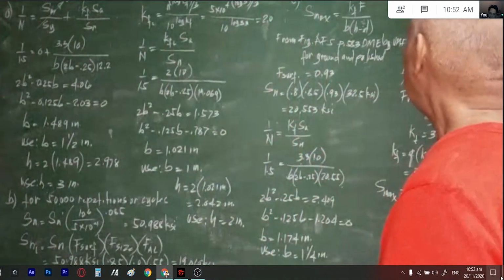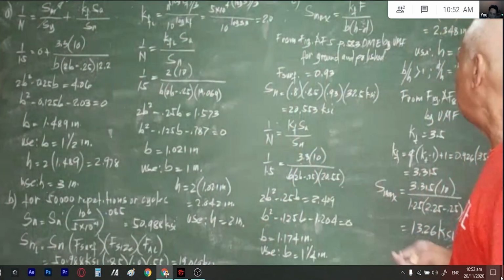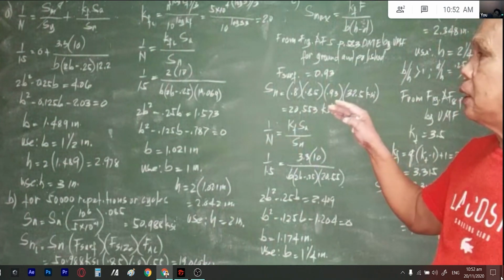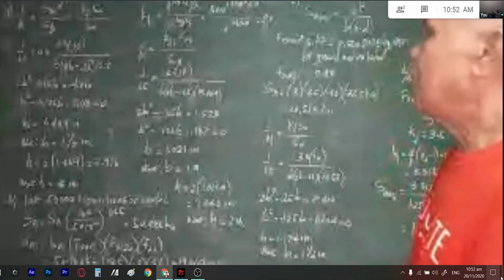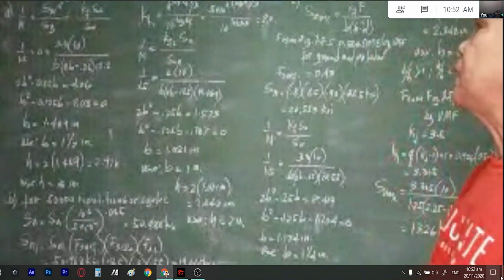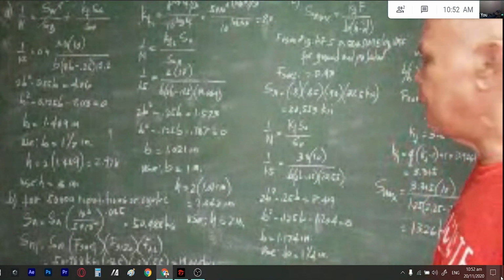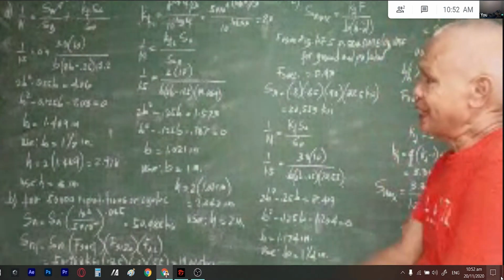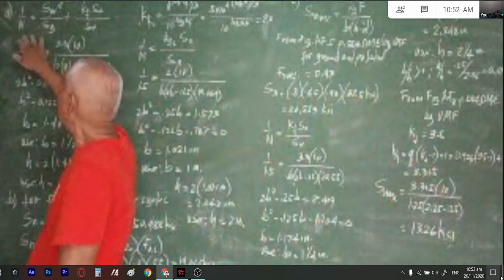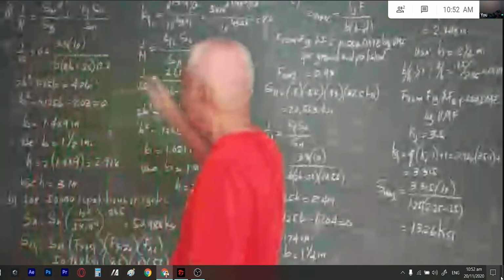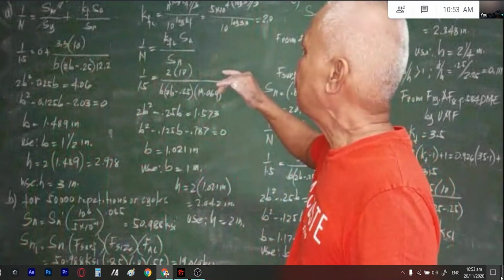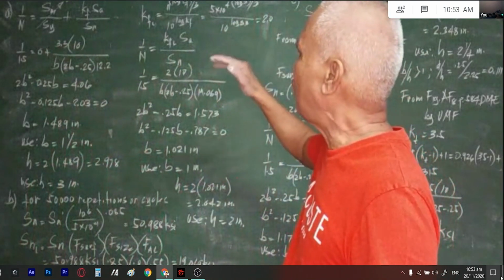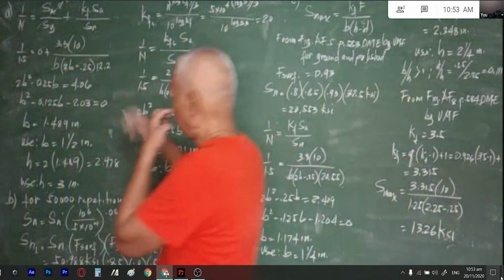So we have taken all the factors involved for finding b and h, that is the dimensions of the member. For letter A, from the Soderberg line criterion, 1 over N is equal to Sm over Sy plus Kf multiplied by Sa over Sn.